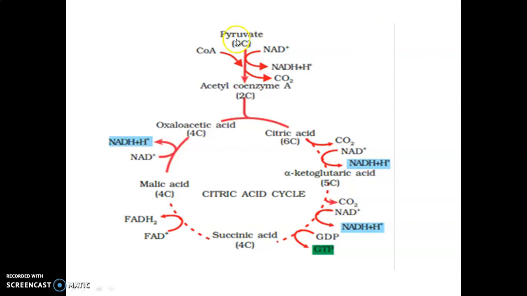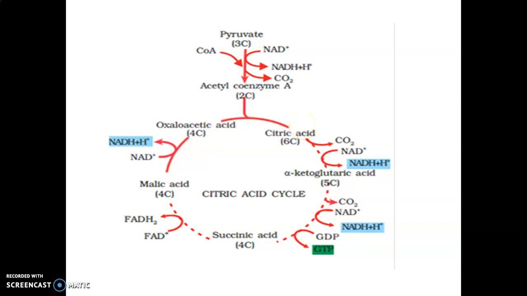See children, here pyruvate, the final product of glycolysis, is converted into acetyl coenzyme A. This acetyl coenzyme A enters the Krebs cycle, where oxaloacetic acid is converted into citric acid, then to alpha ketoglutaric acid, then to succinic acid, then to malic acid, then oxaloacetic acid, and the cycle continues.